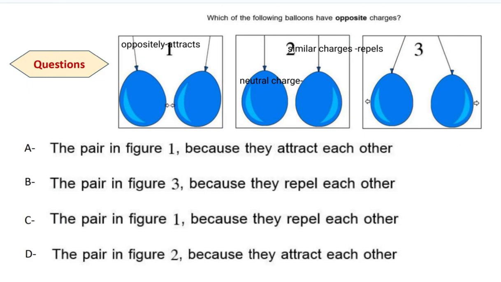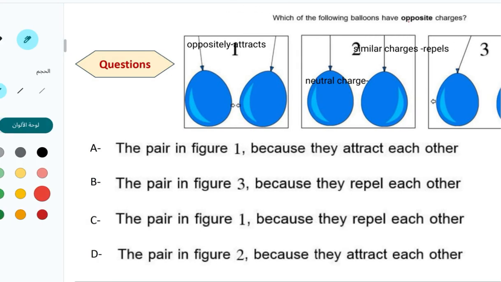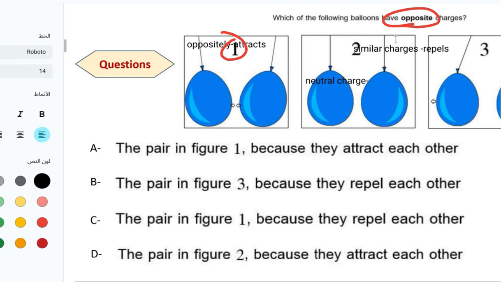So now, let's look at our choices. Our question first. It says, which balloons have an opposite charge? So we want opposite charge, and we already said one has an opposite charge.